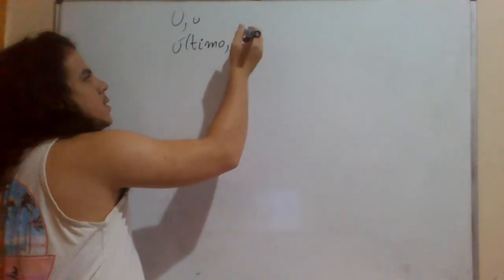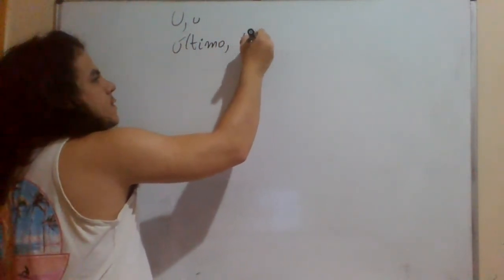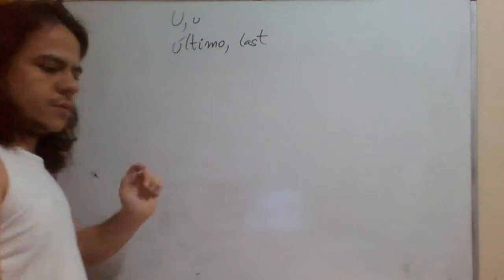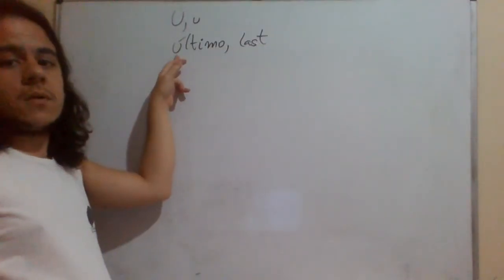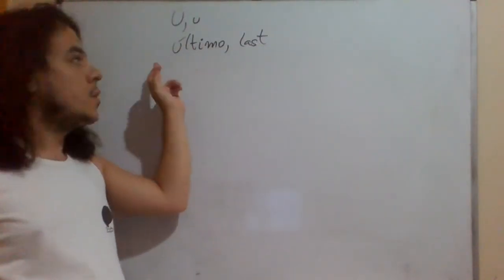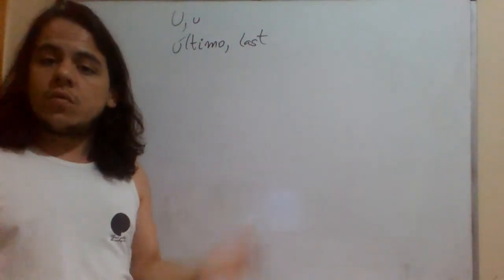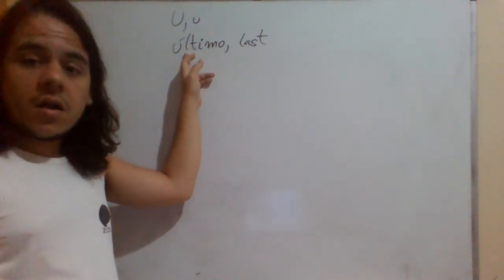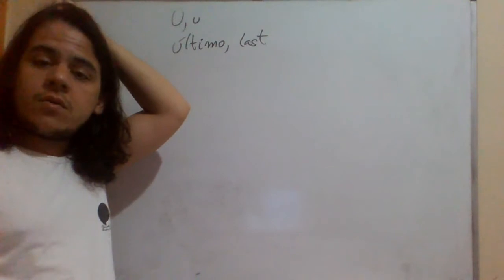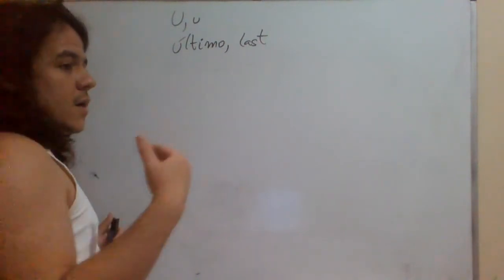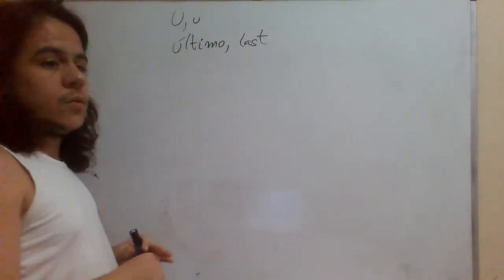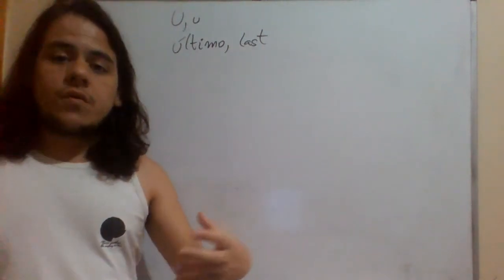It means last. So here letter U, with the sound of U. Último. And here letter L. Remember letter L, when it comes after letter U, we extend the sound of U.